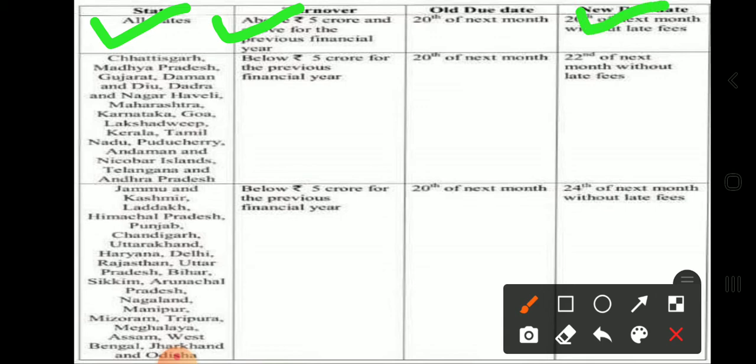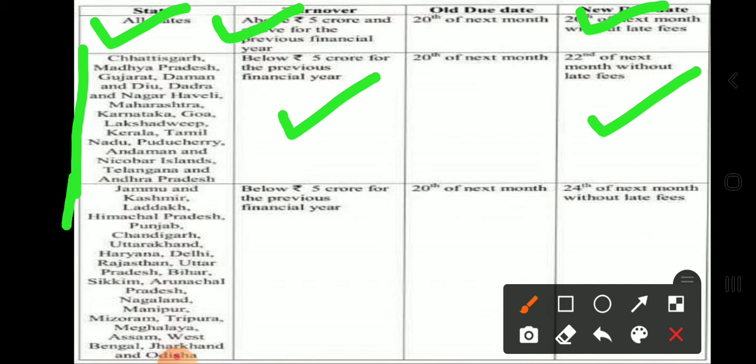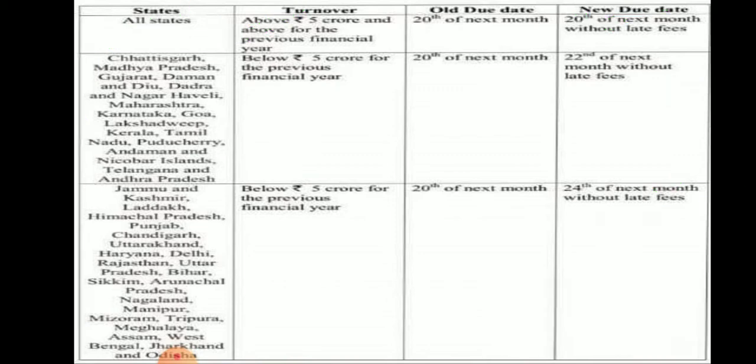However, in certain states, as you can see on your screen, where the turnover is below rupees 5 crore for the previous financial year, the date is 22nd of the next month without late fees. And for these states where the turnover is below rupees 5 crore for the previous financial year, then 24th of the next month without late fees. So this is the staggered filing of return.